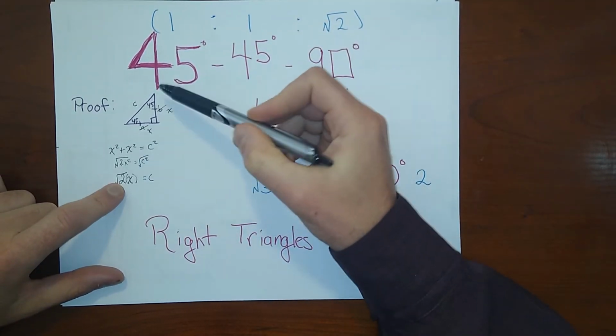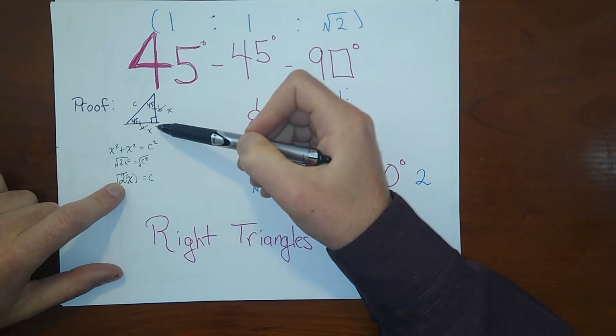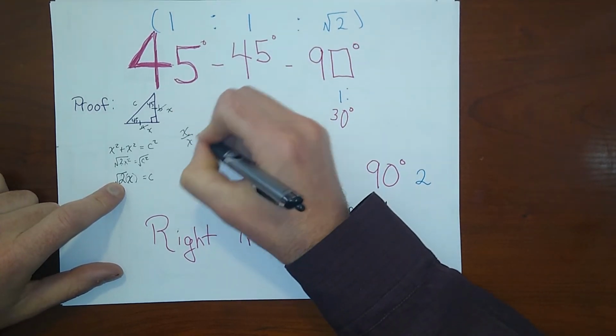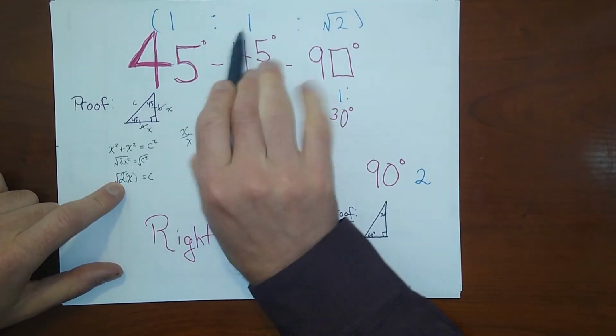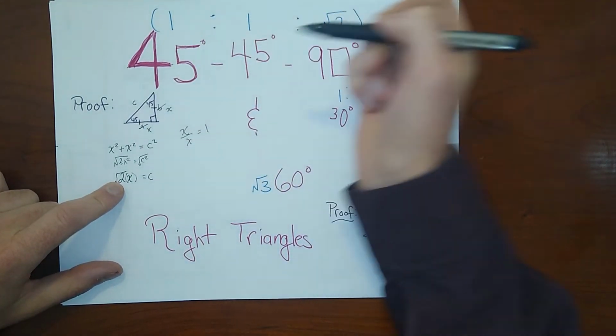So in other words, whatever length this is for x on either side, this will be in a ratio of 1 to 1. If I compare x to itself, that's just 1. So that's where the 1 to 1 part of the ratio comes from. And these are the sides opposite the 45 degree angles.